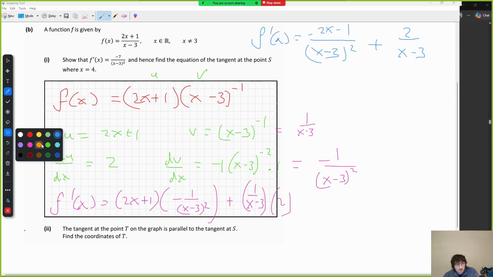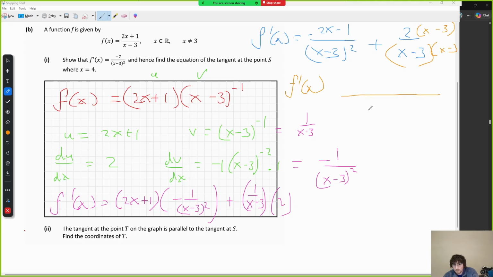We want to write them as a single fraction, so we multiply this one above and below by x minus 3, putting a full bracket around that. Then our f dash x will have a single denominator of (x minus 3) squared. This will have a 2x and then a minus 6. That plus 2x will cancel with this minus 2x, and our minus 6 will combine with our minus 1 to give a minus 7. And that's it.